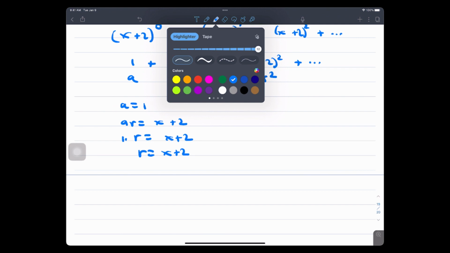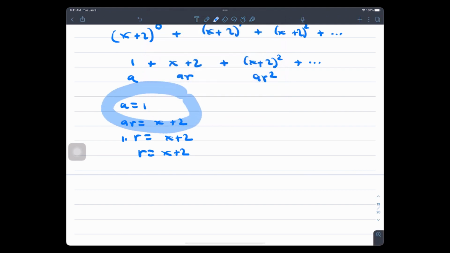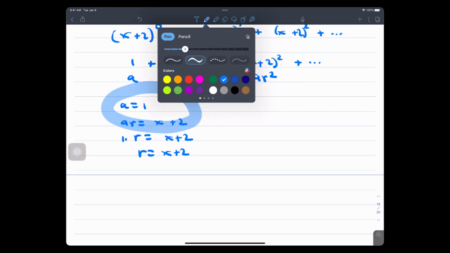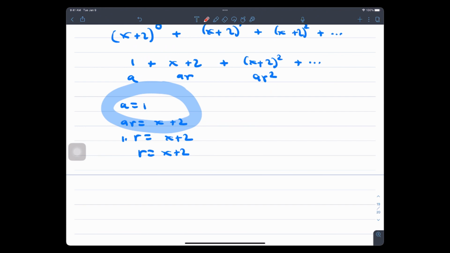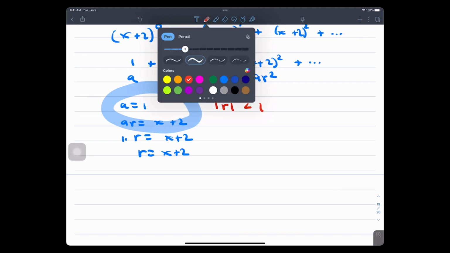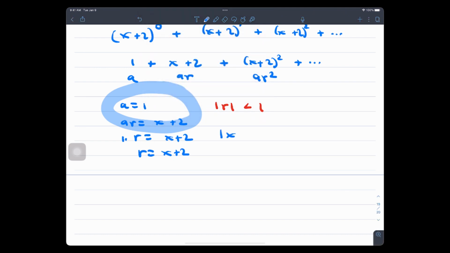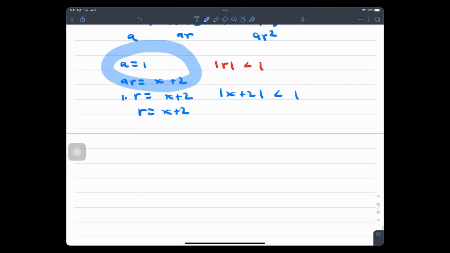So we actually did this kind of question too before. If you guys remember, we actually did that one. When do you have convergence? When your absolute value of R is less than 1. So in this case, R is x plus 2. You have convergence when the absolute value of x plus 2 is less than 1. That means negative 1 is less than x plus 2, which is less than positive 1.